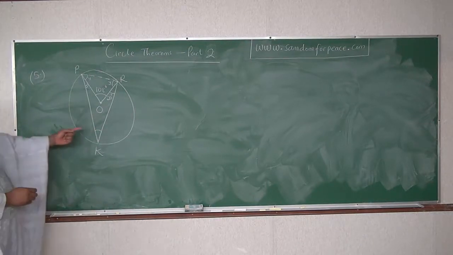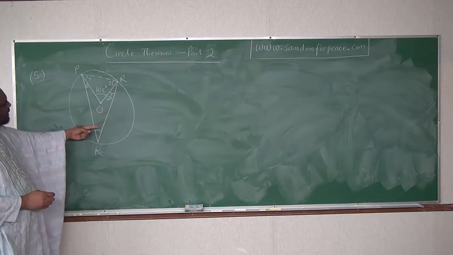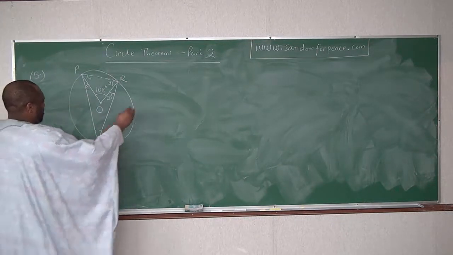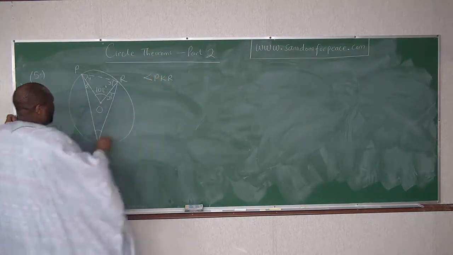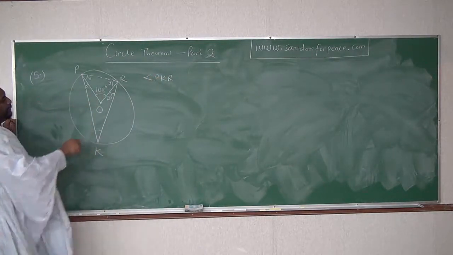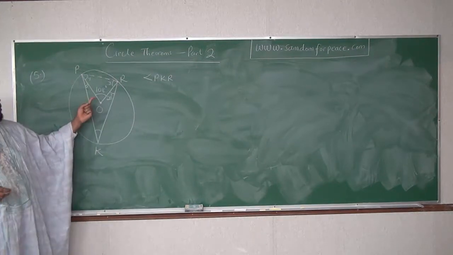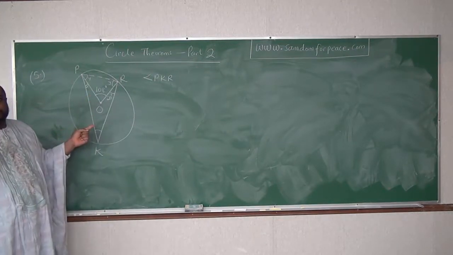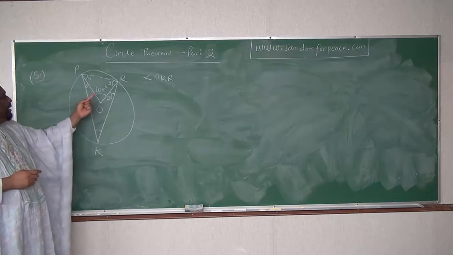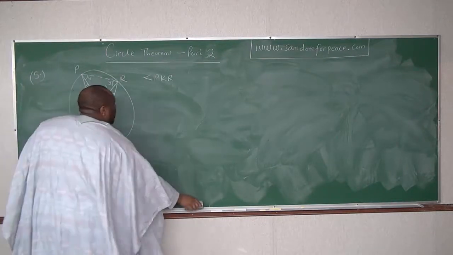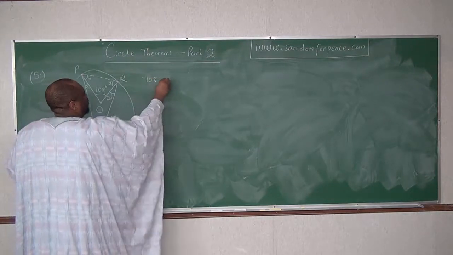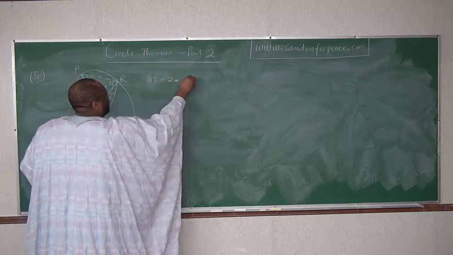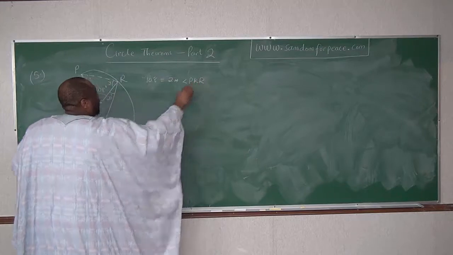So from this angle here, angle PKR will be 108 divided by 2, because angle at center, this is 108. 108 is equal to 2 times angle PKR.